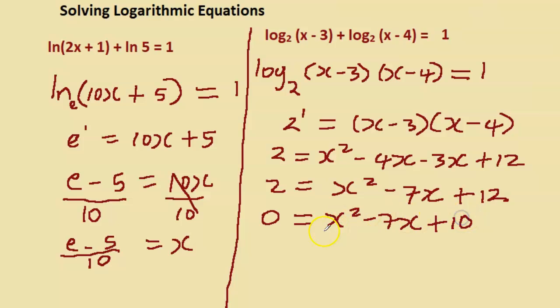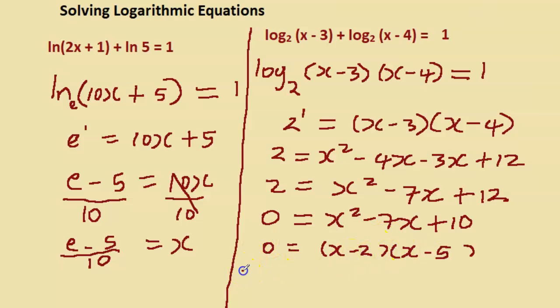Now we can solve this several ways. Let me use factorization. Watch my videos on factorization. This will factorize to x minus 2 times x minus 5, because you will rewrite this minus 7x as minus 2x minus 5x. Factor by grouping, you get x minus 2, x minus 5.